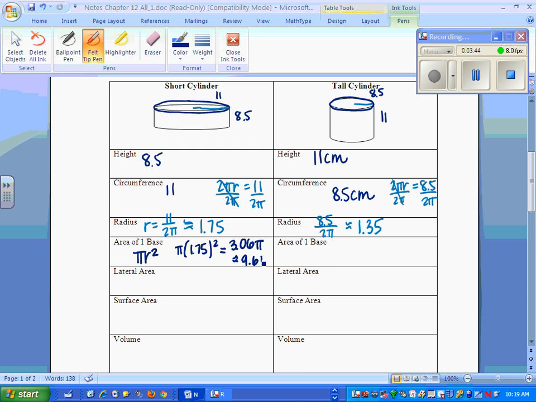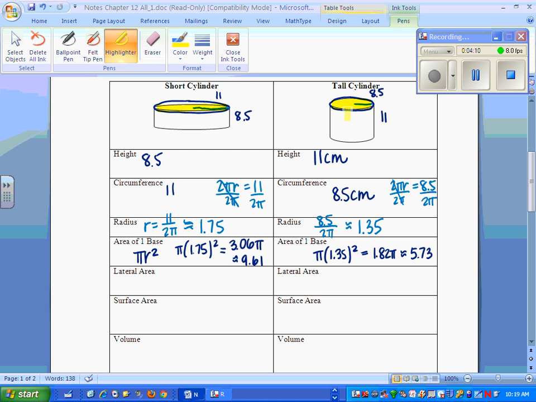Same thing for our tall cylinder. Let's take pi, multiply by our radius, 1.35, squared. This is pi r squared. We get 1.82 pi, and rounded, that's roughly 5.73. Obviously the area of this circle is bigger than this circle.